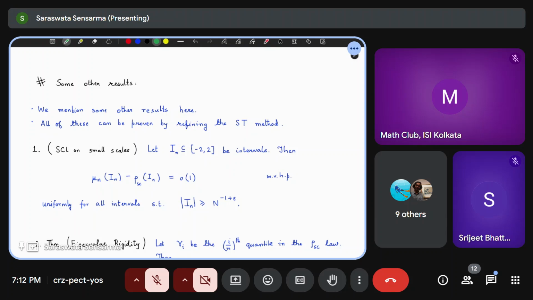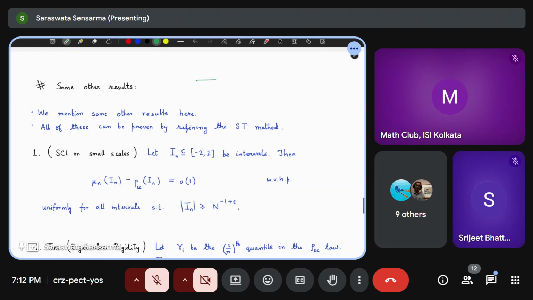So let's talk about some other results. Firstly, what we did was we looked at our eigenvalue distributions, say from minus 2 to 2, and we looked at some interval in between and asked how the point process of eigenvalues on this interval looks. The answer was that mu n of I is eventually converging to rho of I, right?